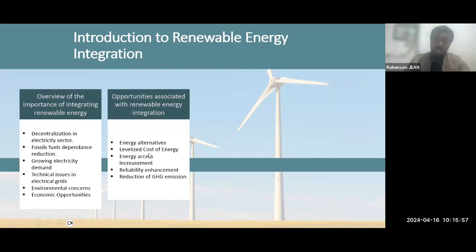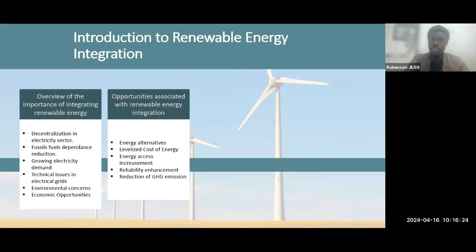And another thing is the levelized cost of energy. The levelized cost of energy is the ratio between the amount of energy that we are producing and the cost for producing this energy. In this cost, we will include the installation cost and also the operation cost.